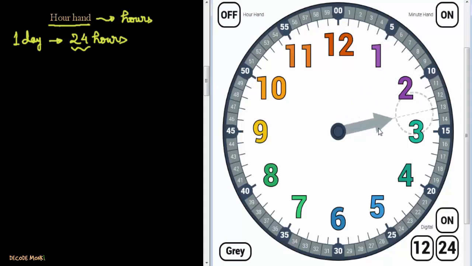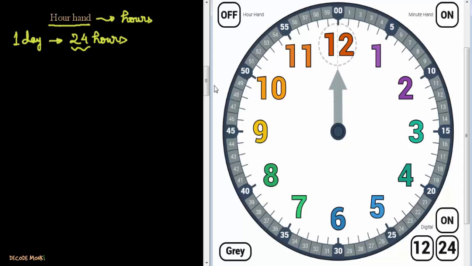When the hour hand is at 3, it's 3 o'clock. Similarly, the hour hand moves from 12 and again comes back to 12. So how many hours? 1, 2, 3, 4, 5, 6, 7, 8, 9, 10, 11, 12. So 12 hours are there in one round of the dial of the clock.